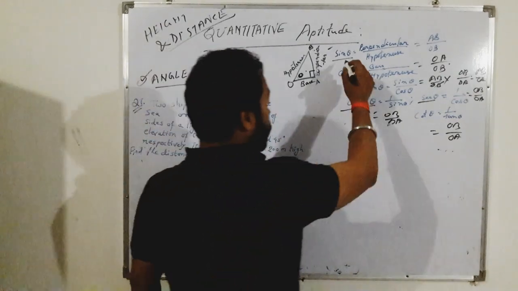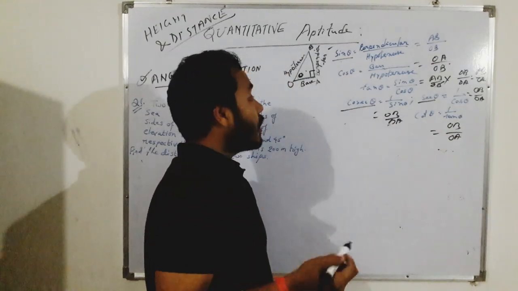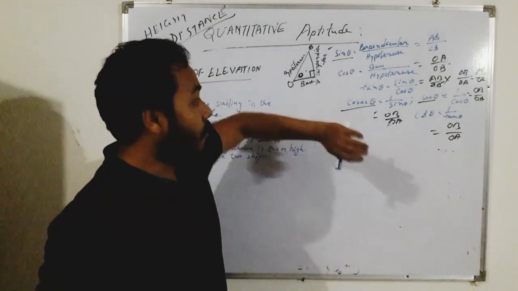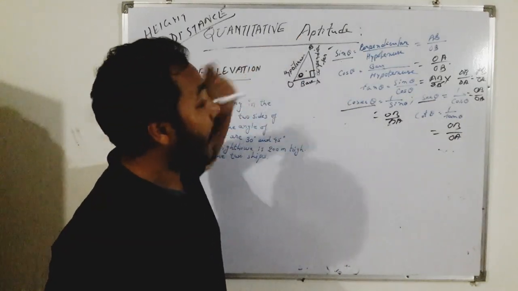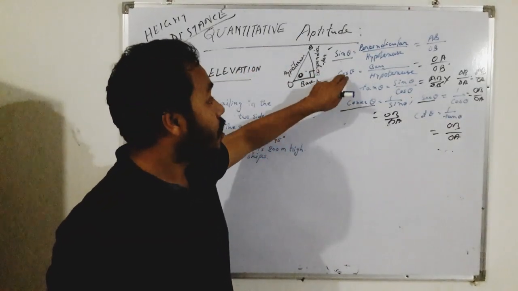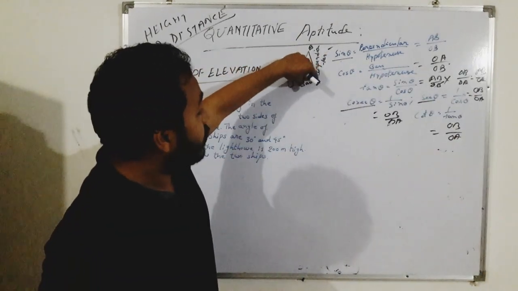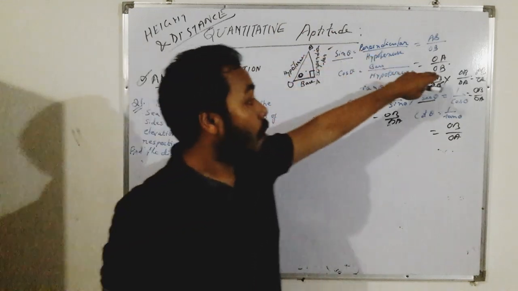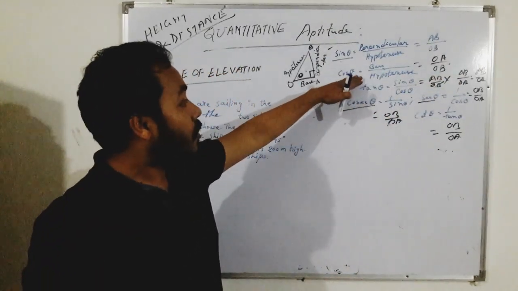So sin theta we have got as AB by OB. Similarly, cos theta. Whenever cos theta comes, obviously base will come. Base divided by hypotenuse is our cos theta. So cos theta is equal to OA by OB, because OA is the base and hypotenuse is OB. Clear?